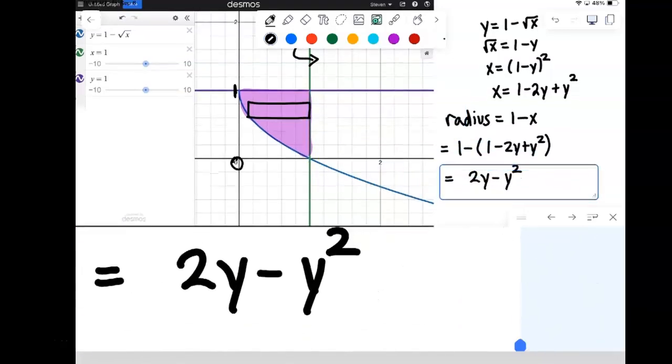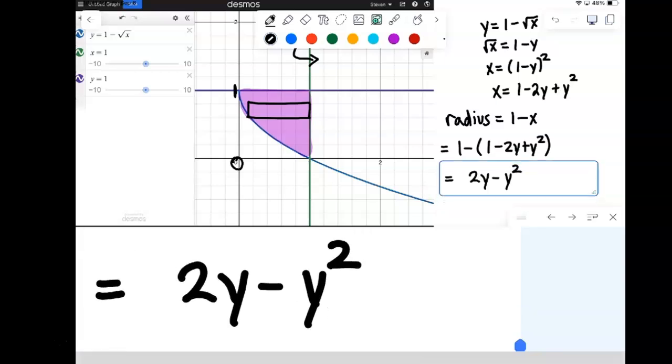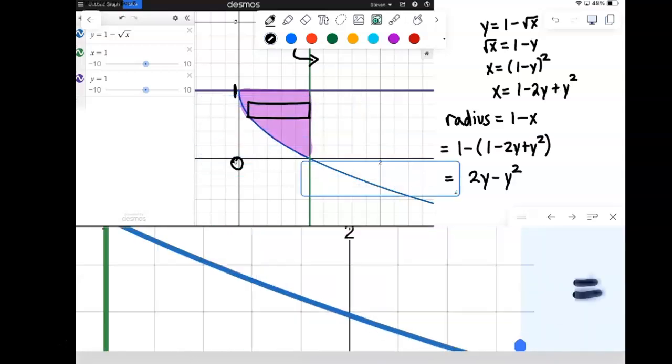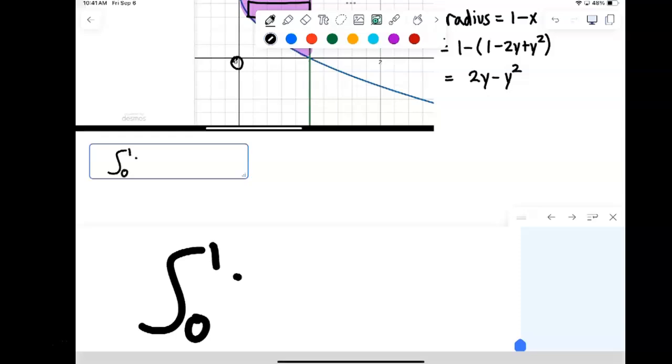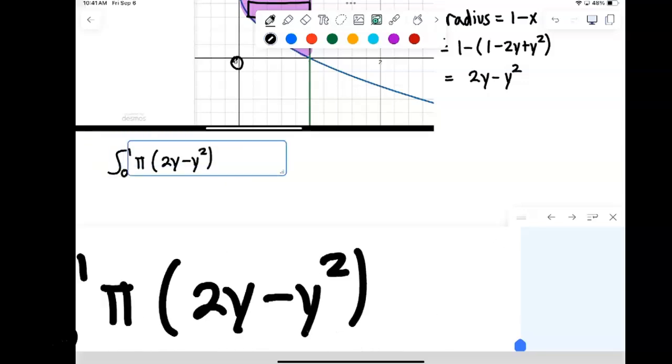So it's just going to be pi times our function squared, which this is going to be our function now, and it's going to range from 0 to 1 as we do the integral. So integral from 0 to 1 of pi times the radius squared, (2y minus y squared) dy.